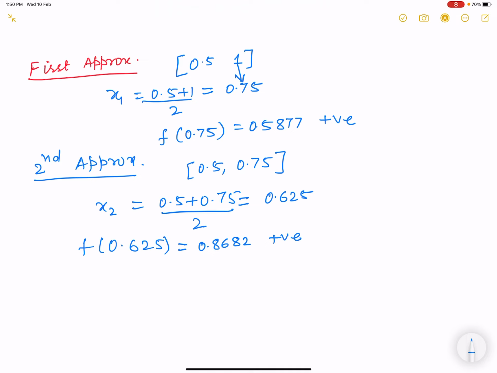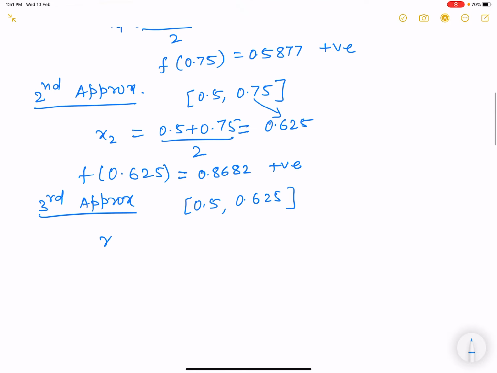We are going to change the positive end to 0.625. In the third approximation, the root lies between 0.5 and 0.625. Again bisect this interval. On bisecting, we get (0.5 plus 0.625) divided by 2. So this will come out to be 0.5625.